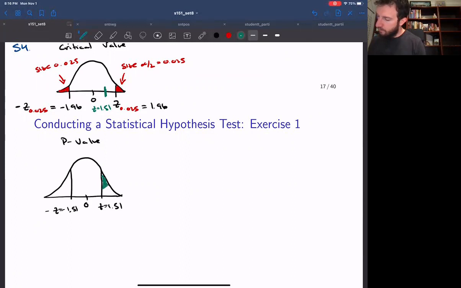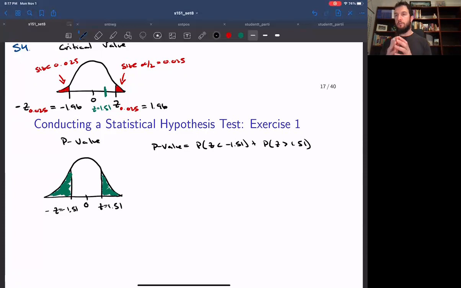Okay, so now our p-value is the area to the right of positive 1.51 and the area to the left of negative 1.51. So the p-value is equal to the probability that z is less than negative 1.51 plus the probability that z is greater than 1.51.